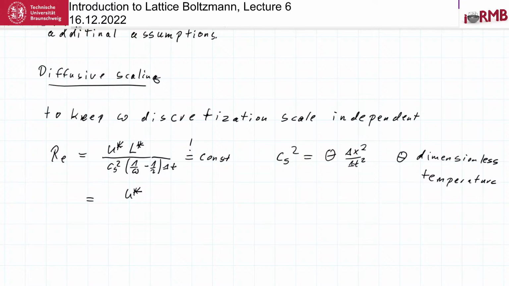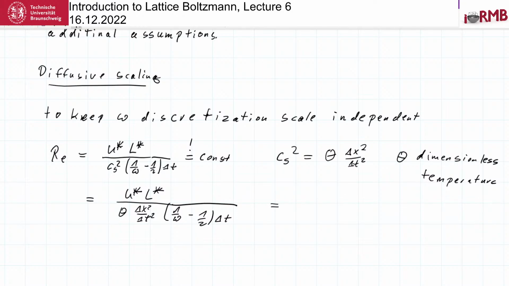So we have U star L star, we get here theta, and now delta x squared by delta t squared into (1 over omega minus 1/2) into delta t. And this should now be constant for constant omega, and it would be constant for constant omega if we somehow can make these delta x and delta t disappear.